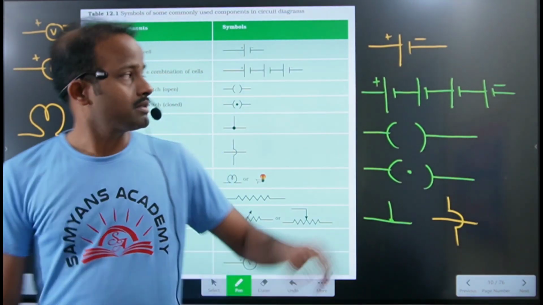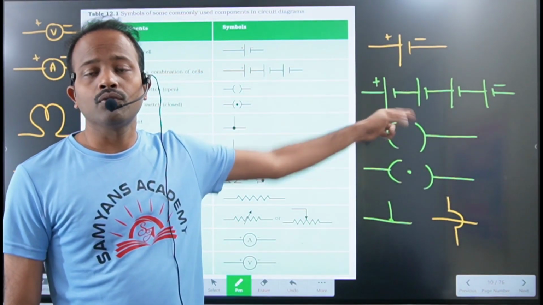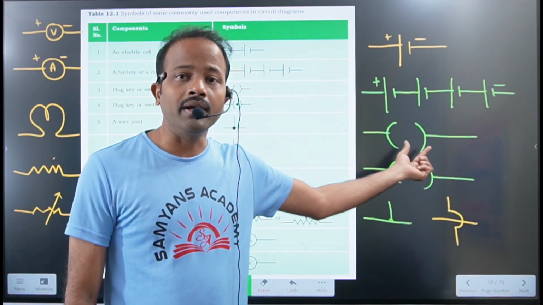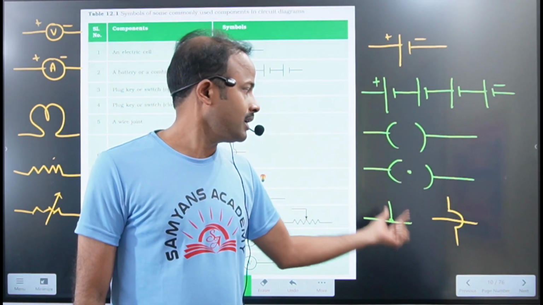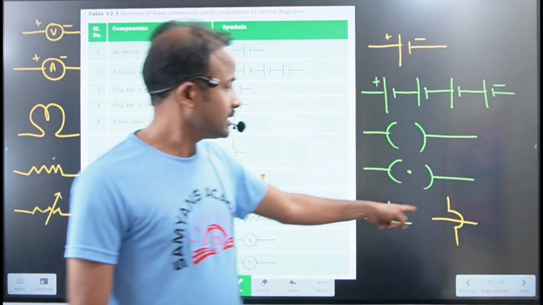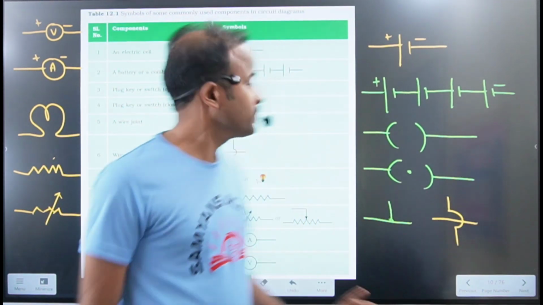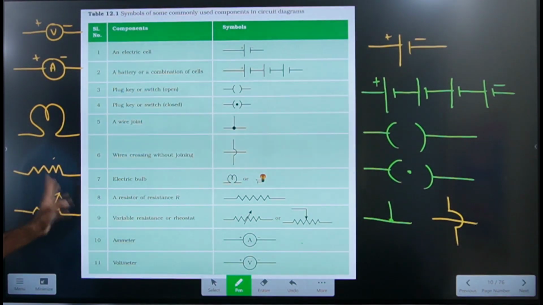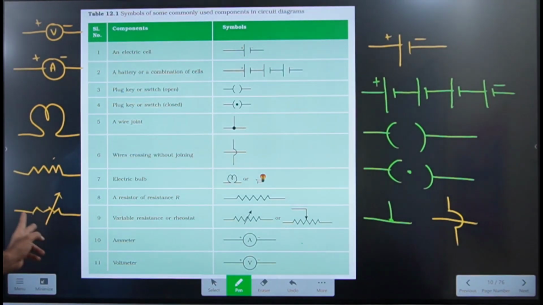Okay, this is the cell. Combination of two or more cells gives the battery, this is the open key, this is the closed key, and this is a joining wire. This is the crossing wire without joining, this is the symbol of the bulb, this is the symbol of resistance, and this is a variable resistance, also called a rheostat.